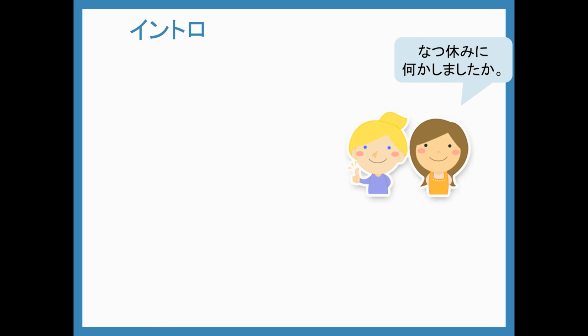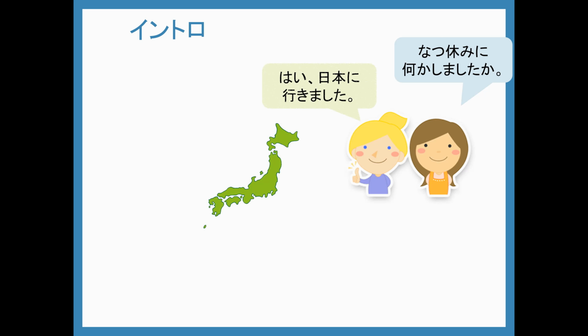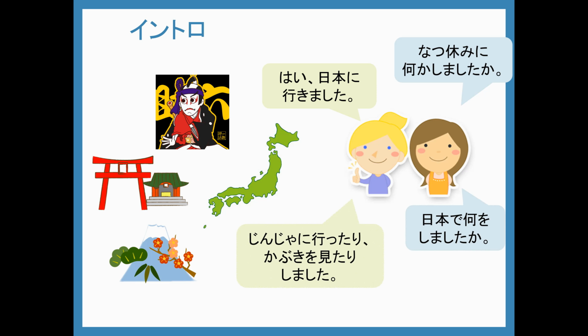Let's take a look at our first one. 夏休みに何かしましたか？ Did you do anything over summer break? はい、日本に行きました。日本で何をしましたか？神社に行ったり、歌舞伎を見たりしました。So, 行ったり、見たりしました is our new grammar point for today.